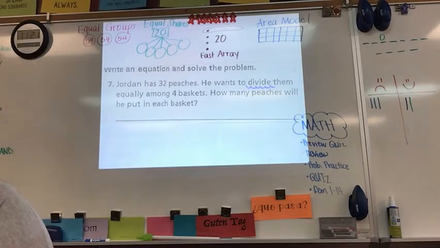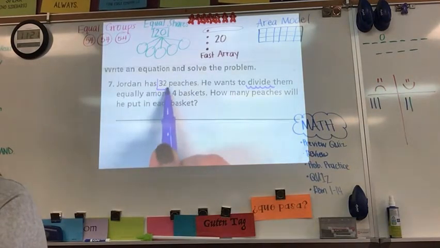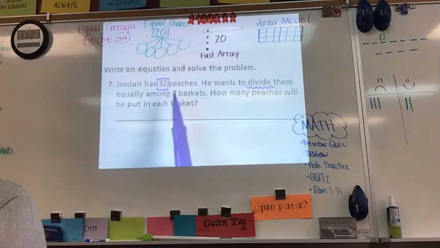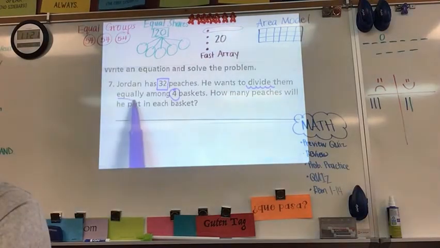Savannah. 32 and then the total, so I think that might be the equal shares. Maybe going to be equal shares because 32 sounds like a pretty big total number, yeah. Brielle? 4. What is he doing when he's dividing? Dividing them. Into 4 baskets. Dividing them equally.